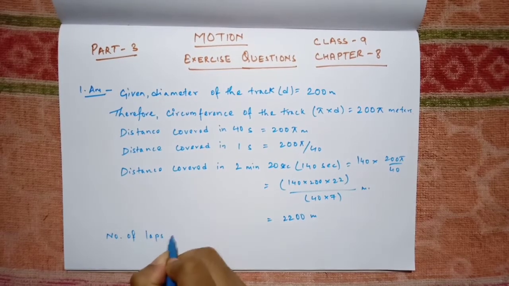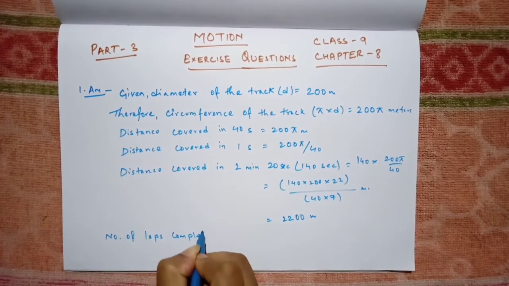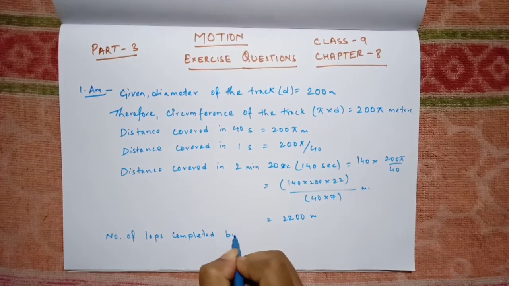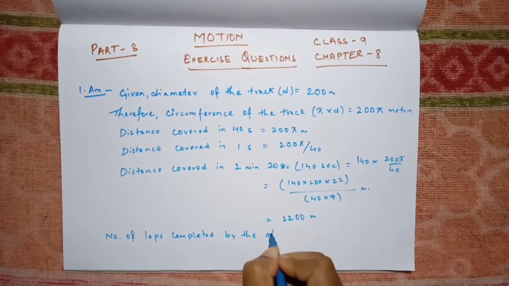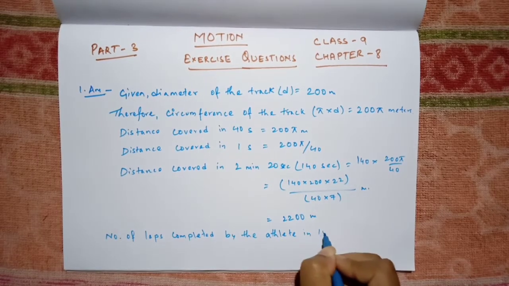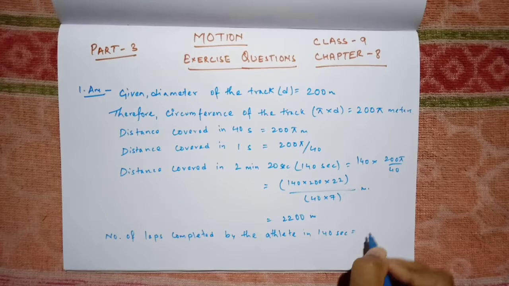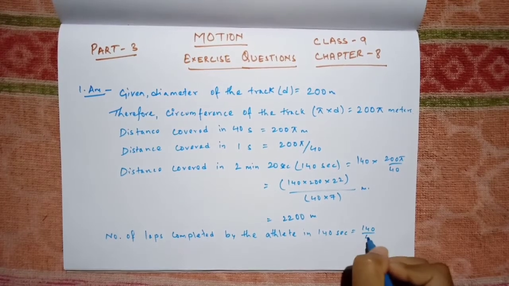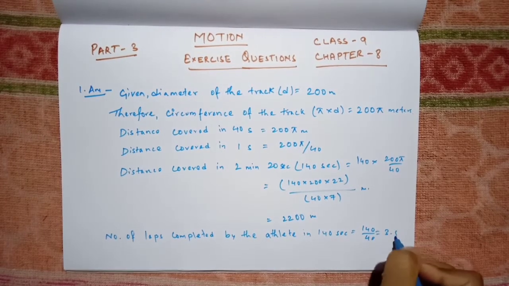Now the number of laps completed by the athlete in 140 seconds is 140 by 40, which is 3.5.